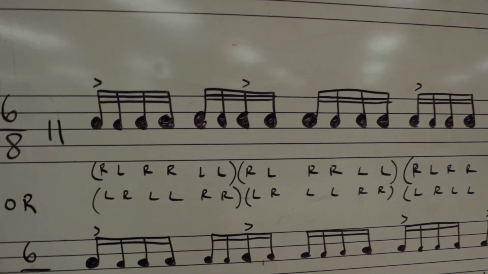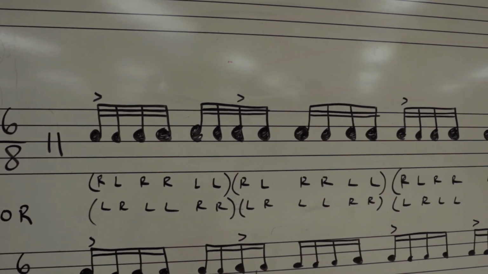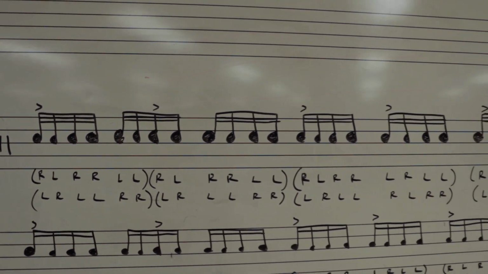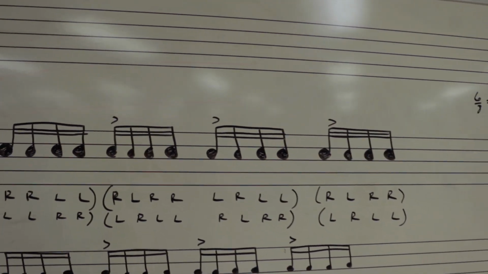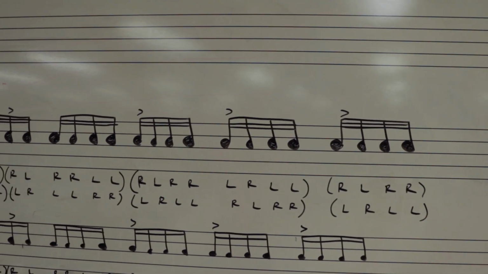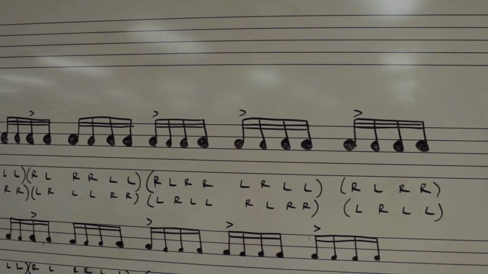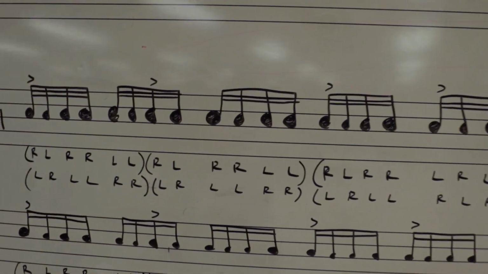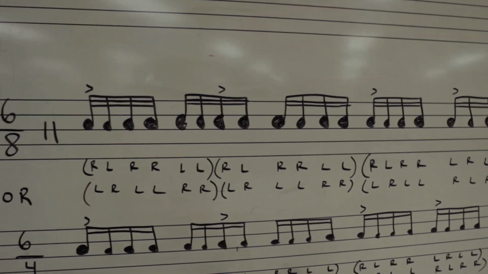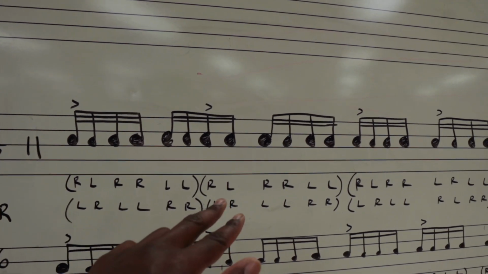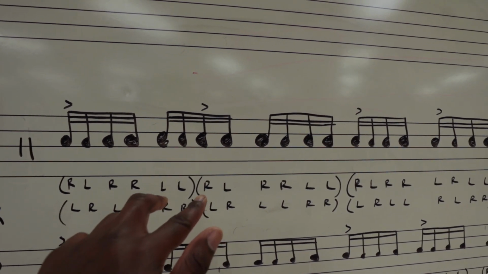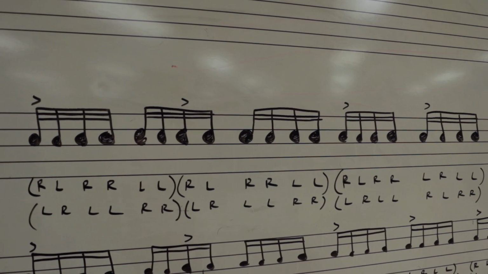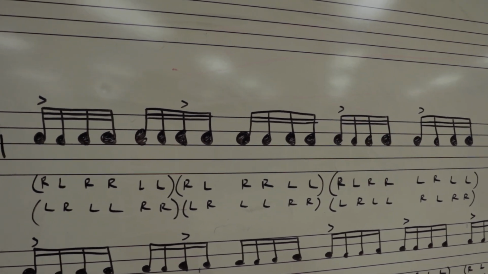But if you look down here, I wrote the sticking, and some of these sticking patterns may look familiar to some of you, and for others of you, it may not. However, in parentheses, for the first half, these two right here, this is a paradiddle-diddle, which is definitely my favorite rudiment still.